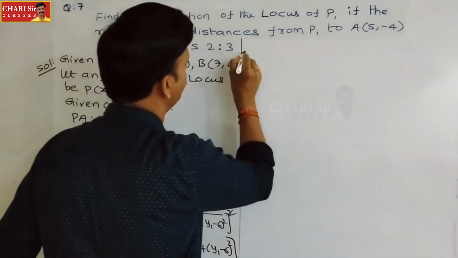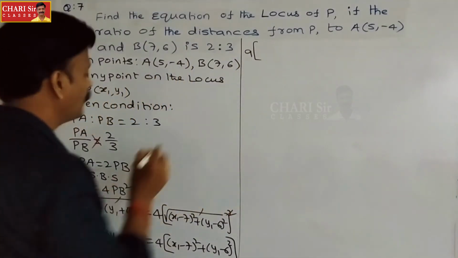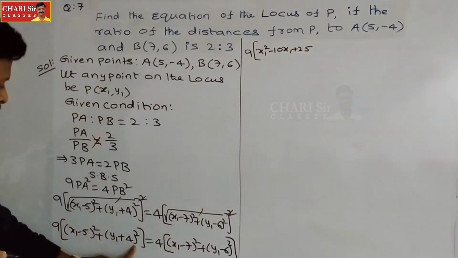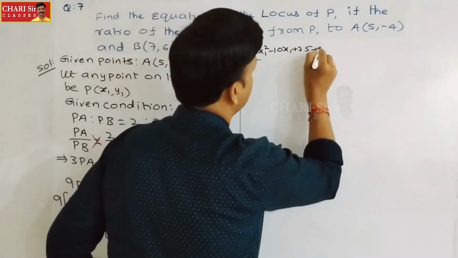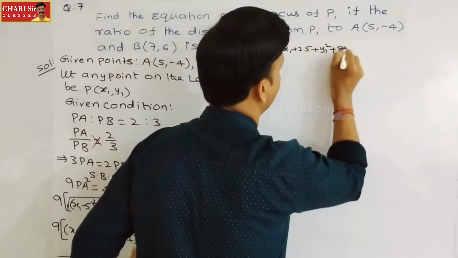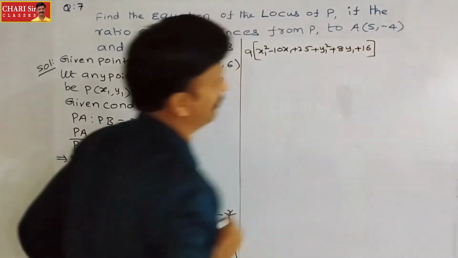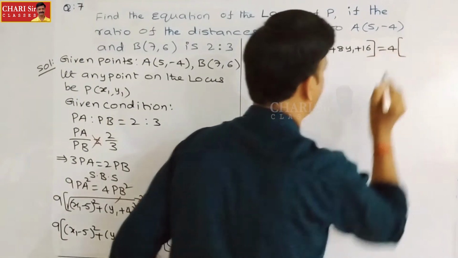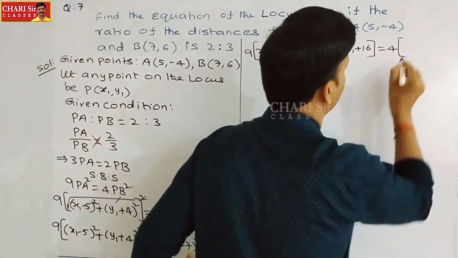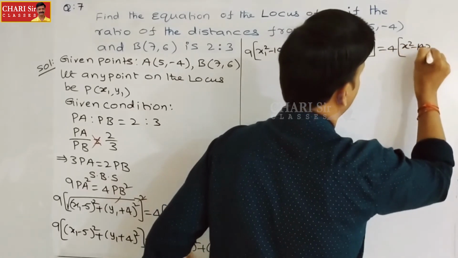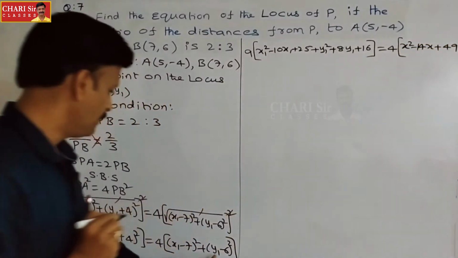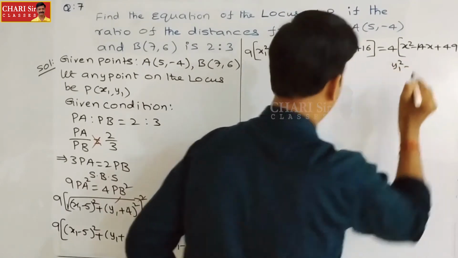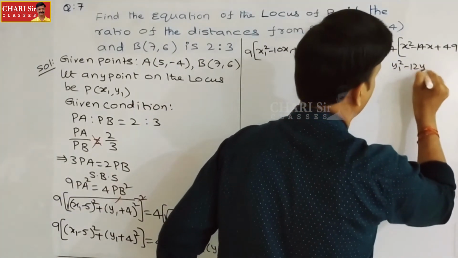Now we take the expansions. Here 9 into (x1 minus 5) whole square is x1 square minus 10x1 plus 25, plus (y1 plus 4) whole square, (a plus b) whole square expansion, that is y1 square plus 8y1 plus 16, completed, and that is equal to 4 into (x1 minus 7) whole square, that is x square minus 14x plus 49, and plus (y1 minus 6) whole square, that is y1 square minus 12y1 plus 36.